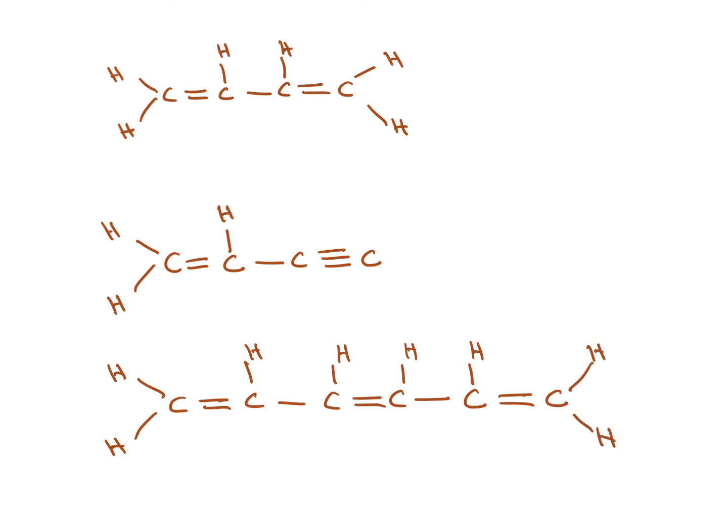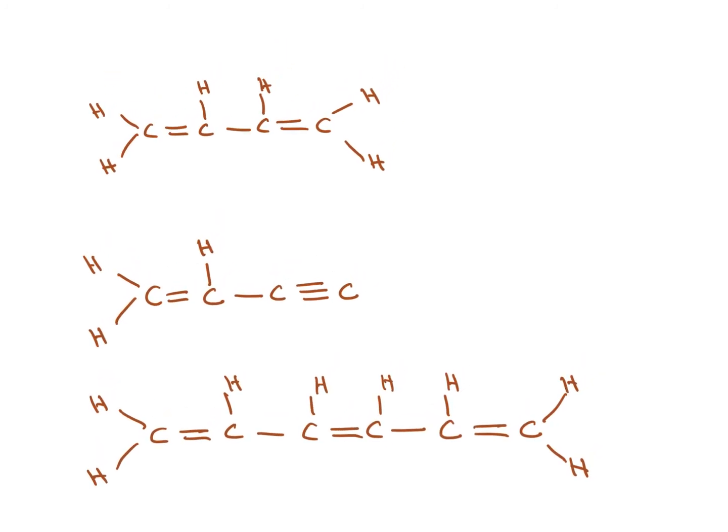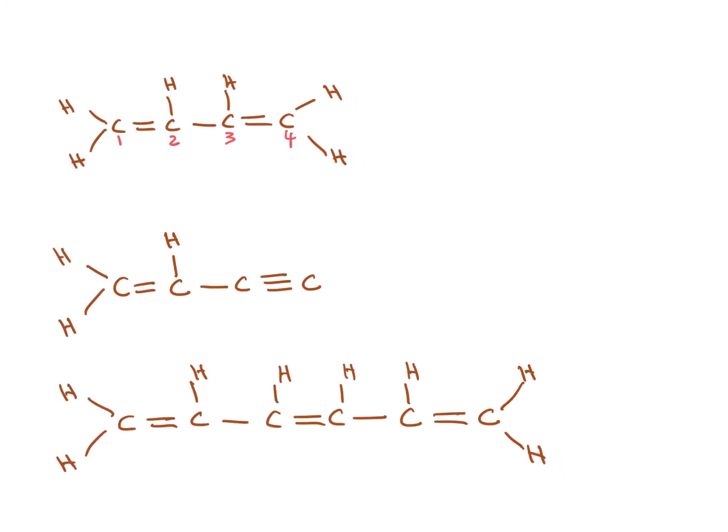So if I want to write the name of these compounds, let's do that. We number them 1, 2, 3, 4. If I go the other direction, it doesn't matter. So we write the name of this compound as 1 and 3.